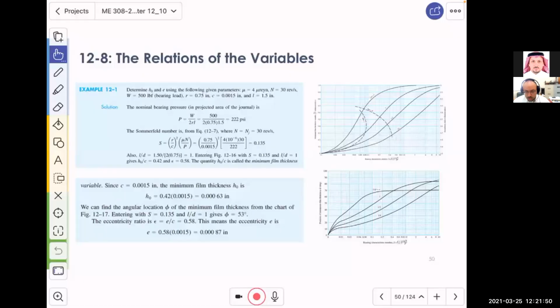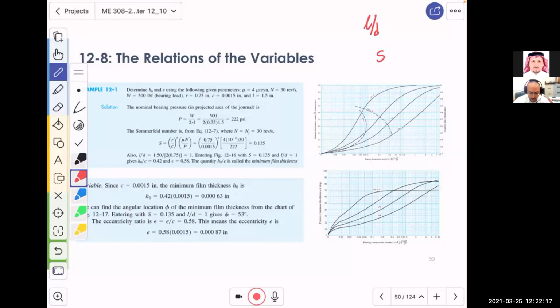Okay, now in the last class, we basically boiled down everything into two major numbers. The first one was L over D, and the second one was the Sommerfeld characteristic number.